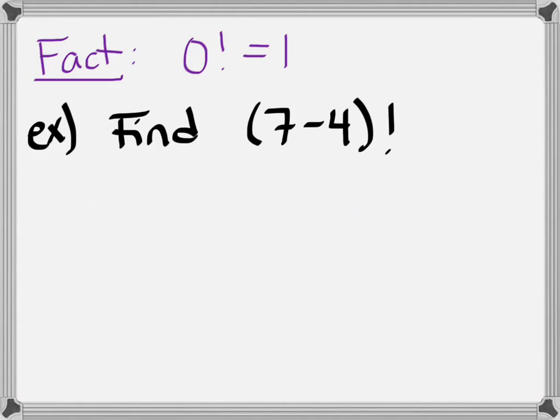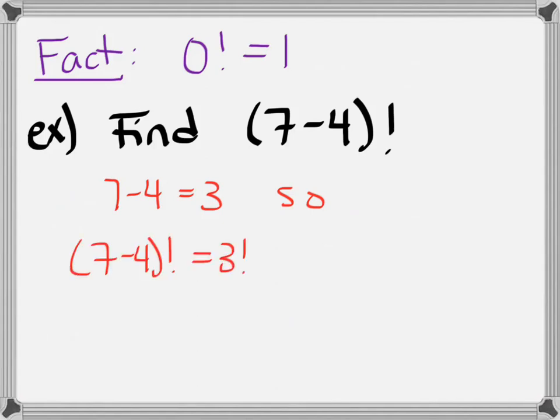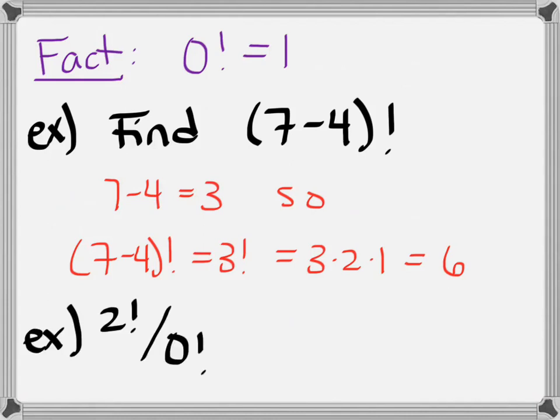Now let's do an example. Suppose we wanted to find 7 minus 4 factorial. We must abide by order of operations, and so we will first subtract 4 from 7 to get 3, and then compute 3 factorial, which is 3 times 2 times 1. That gives us a grand total of 6. Here's another question.